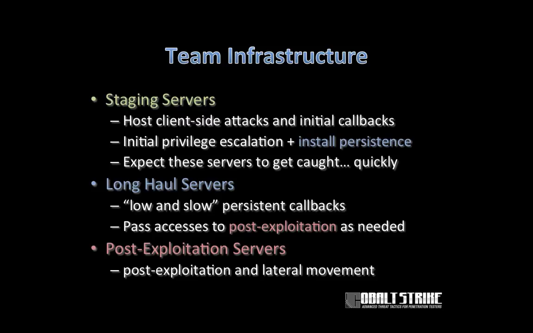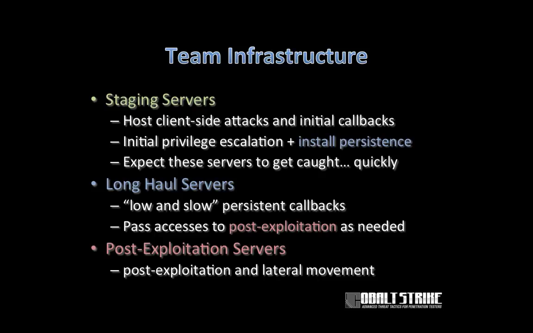These are also the servers you do your initial post-exploitation actions on, primarily privilege escalation, your initial lateral movement, and installing any persistence you want to install. You should expect that these servers will get caught very quickly, okay?